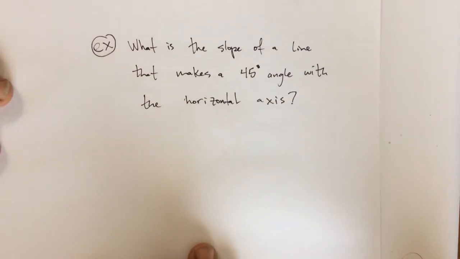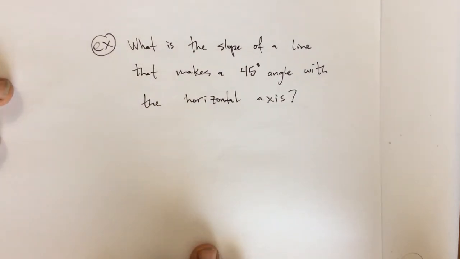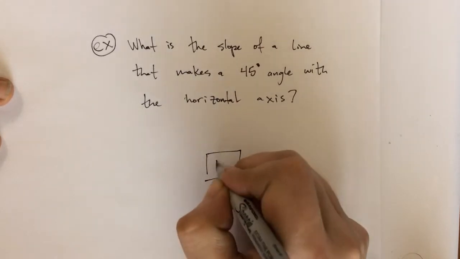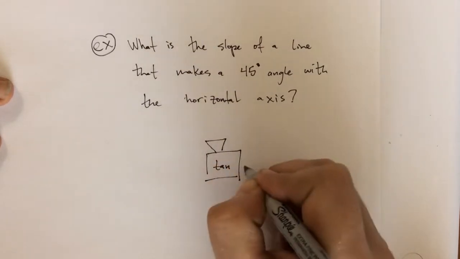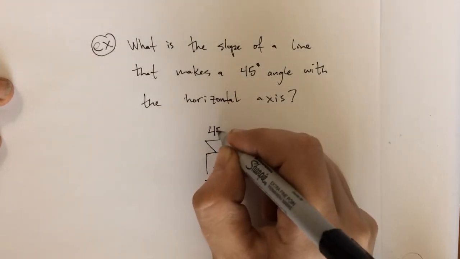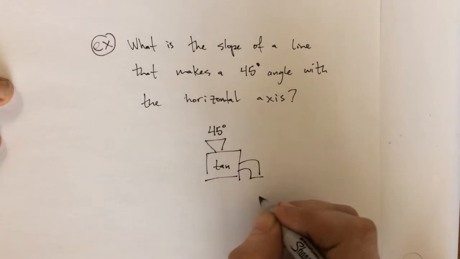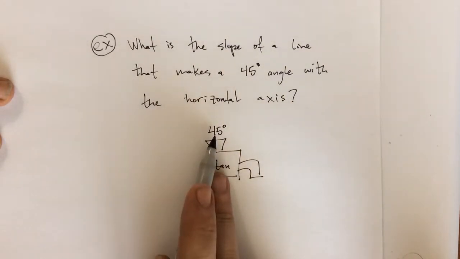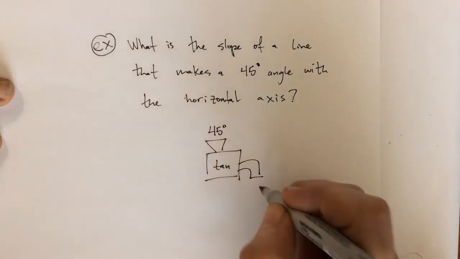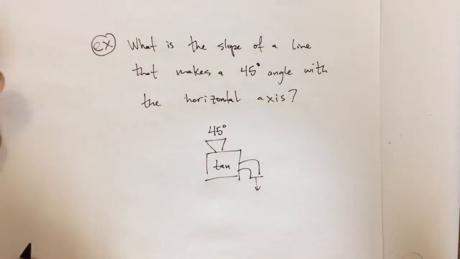What is the slope of a line that makes a 45-degree angle with the horizontal axis? So my tangent function is the special function that I put in angle measures and I get out slopes. In this case, if I put the angle measure of 45 into the tangent function, then out pops the slope of that line that I'm looking for.